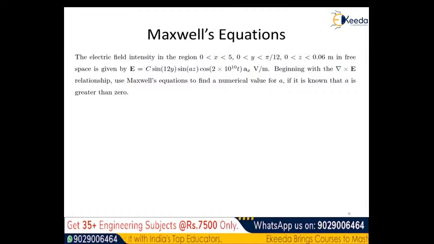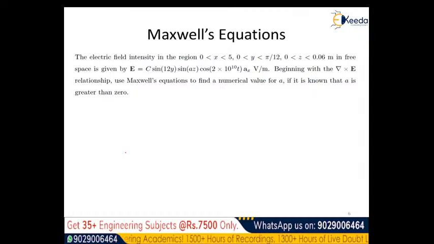Beginning with the del bar cross of E relationship, use Maxwell's equations to find a numerical value of small a if it is known that small a is greater than 0. So this is our problem statement.